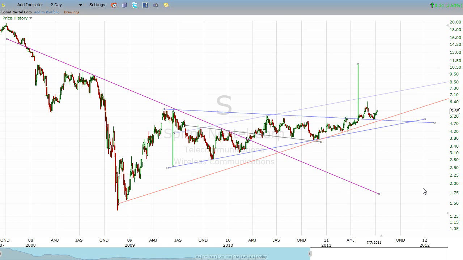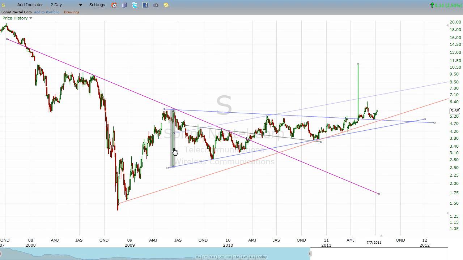So here's what you do. When you use these, quote, time-honored techniques, you identify the pattern. The cool thing about these patterns is there are also implied targets you can get from them.